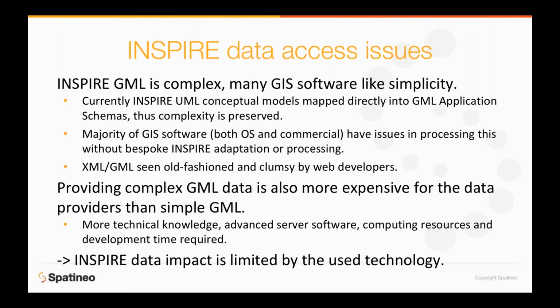And as said, this kind of complex structure can be difficult for many of the existing GIS software, both open source and commercial, unless there is a bespoke INSPIRE adapter or pre-processing of the data. And this is obviously an issue because it would be nice to use as much of the existing clients and software to directly access the data and not have this kind of technical barrier for the data access.